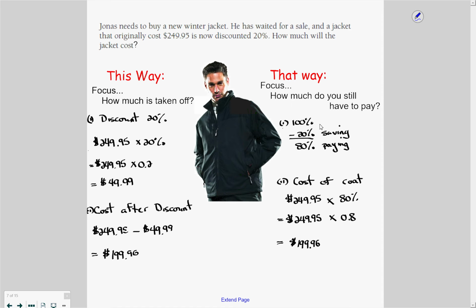Just know that with markups and tax, I would add that percentage to 100, but with discounts and savings and sales, I'm going to subtract that percentage. Cool? All right. Next question.